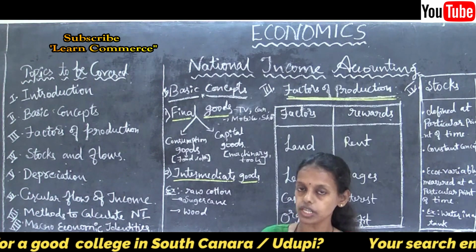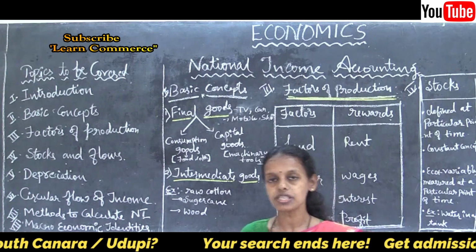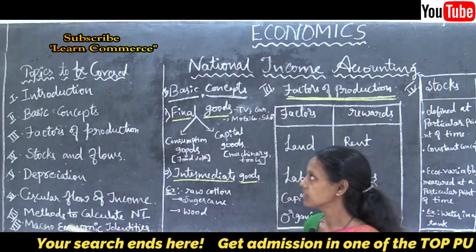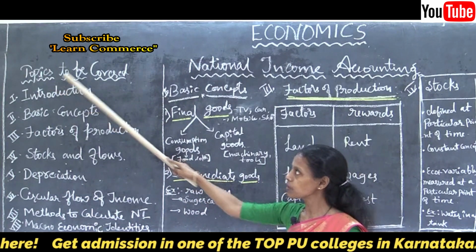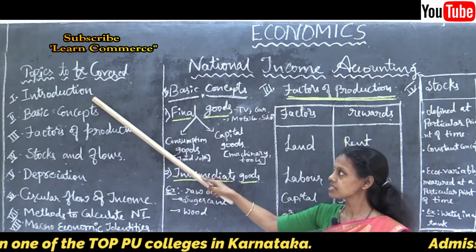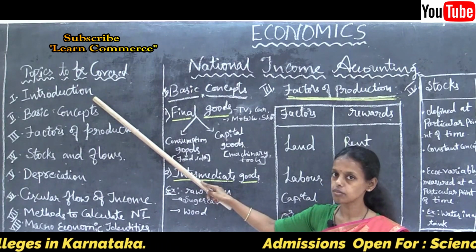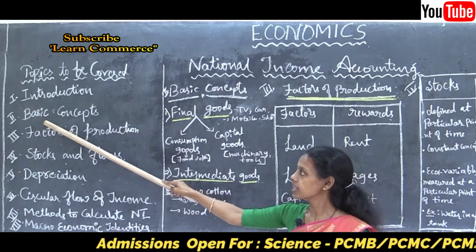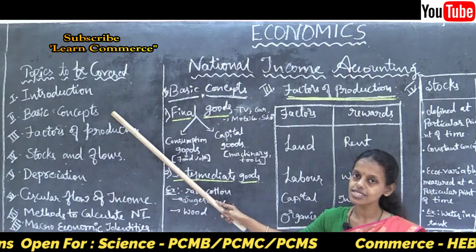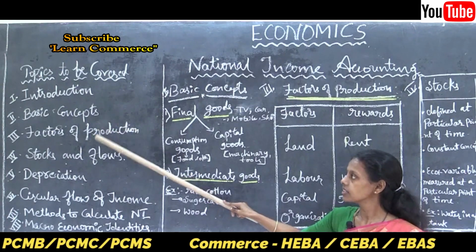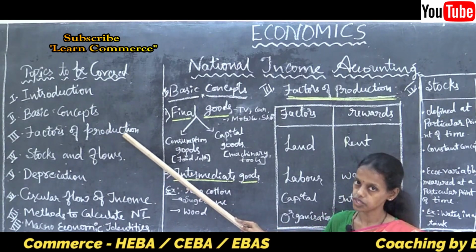Before going to that, we should see what topics are to be covered in this chapter. First, introduction to national income and macroeconomics. Second, basic concepts of macroeconomics. Third, factors of production.